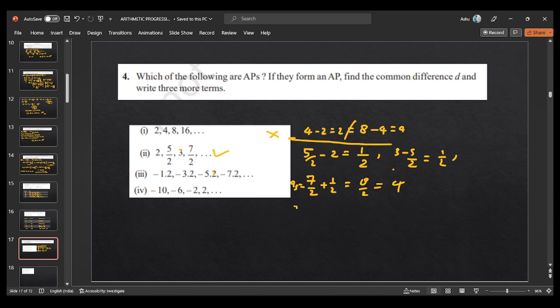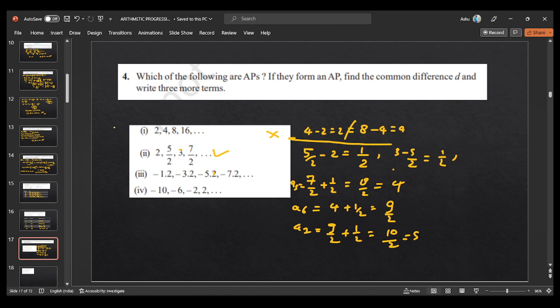And a6 will be 4 plus 1 by 2, 8 plus 1, 9 by 2. a7, 9 by 2 plus 1 by 2, 10 by 2, which will be 5.